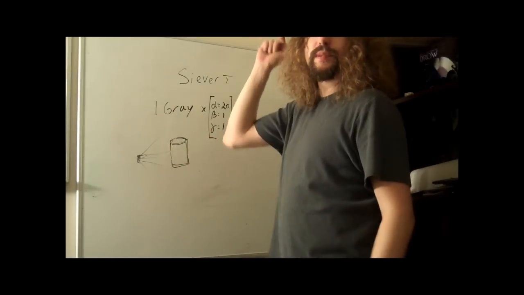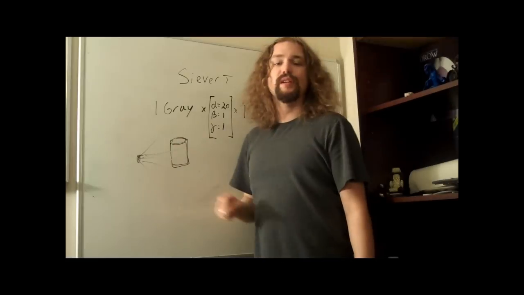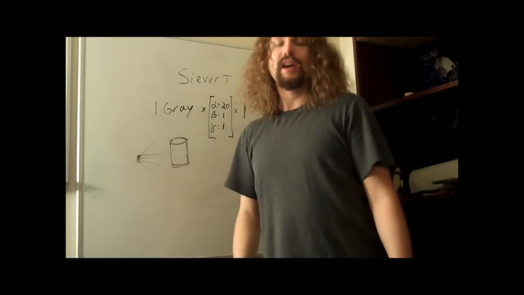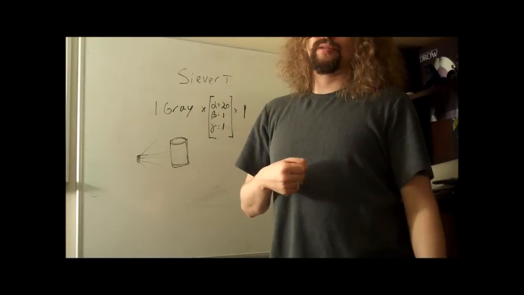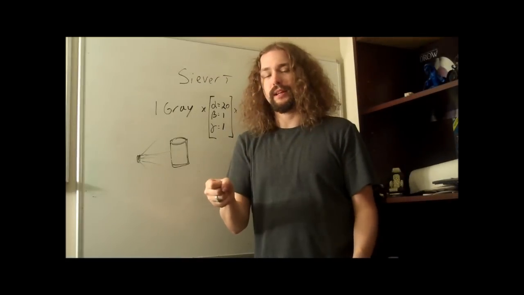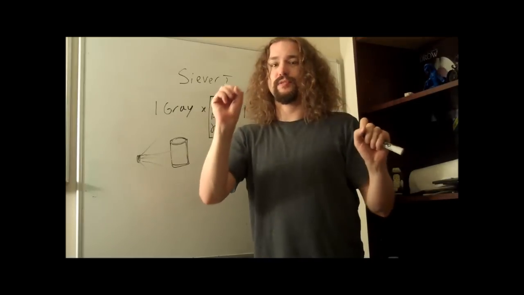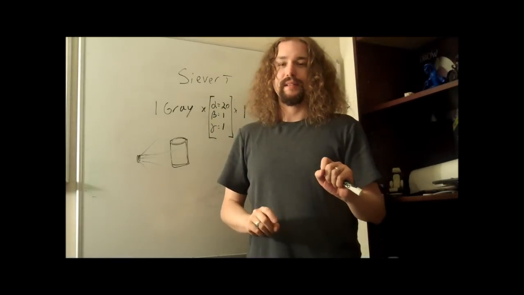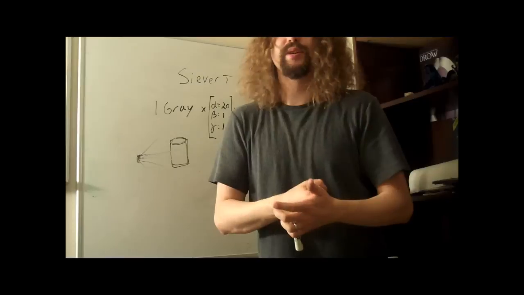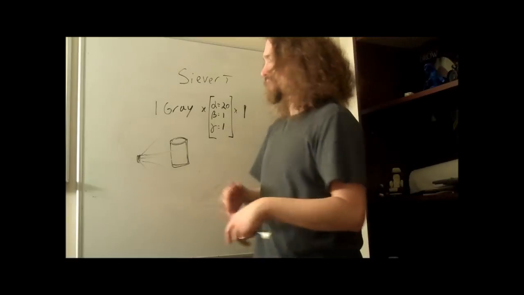That's how much energy it absorbed. Now, the sievert seeks to take this and figure out what the equivalent dose is, meaning what's the real damage. If somebody shot you with a 22 caliber bullet and a 45 caliber bullet, they're both an absorbed dose of one bullet, but the equivalent dose would be tremendously greater with that 45 because it does more damage. Kind of a bad analogy, but you get the idea.